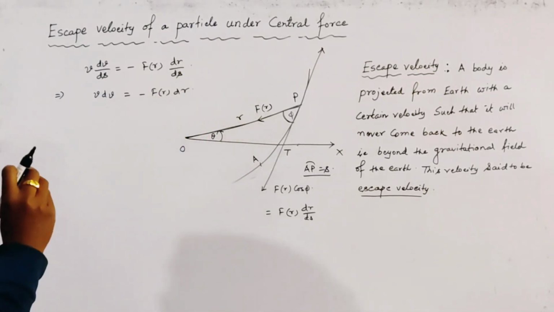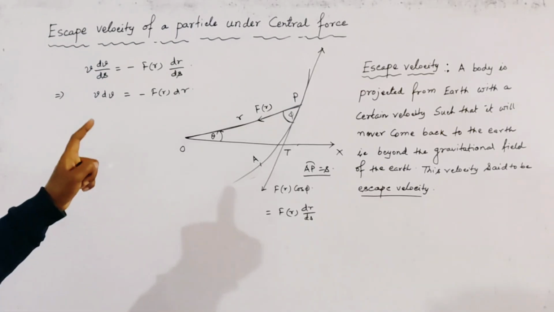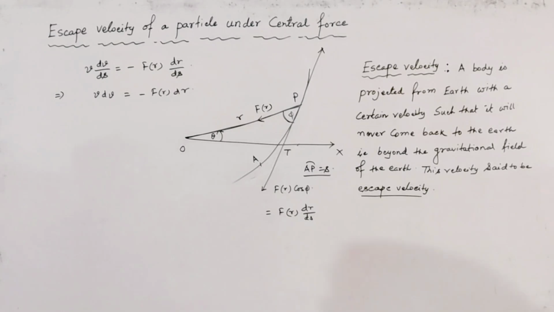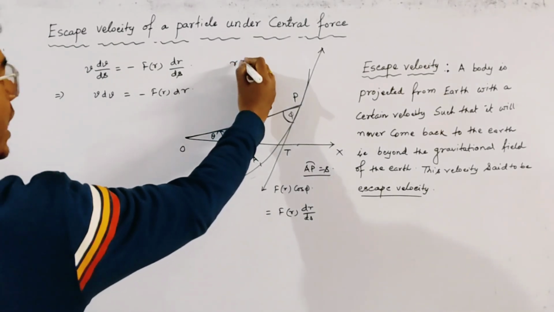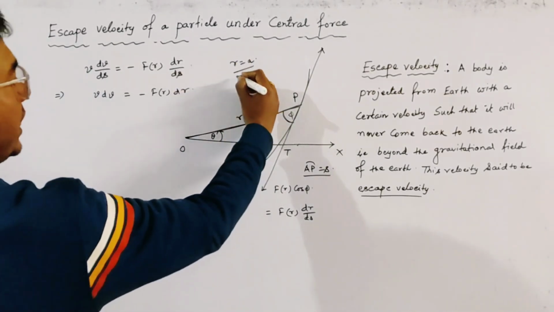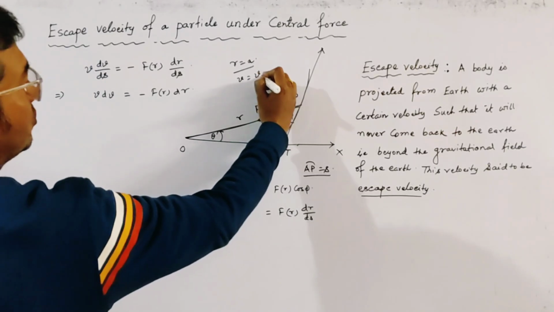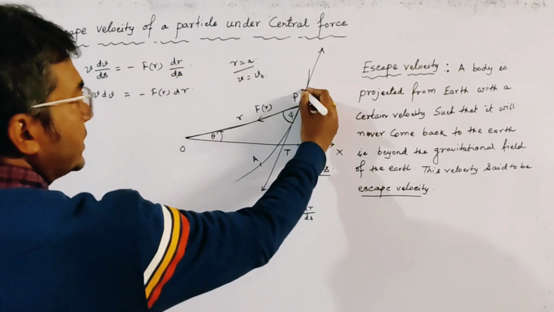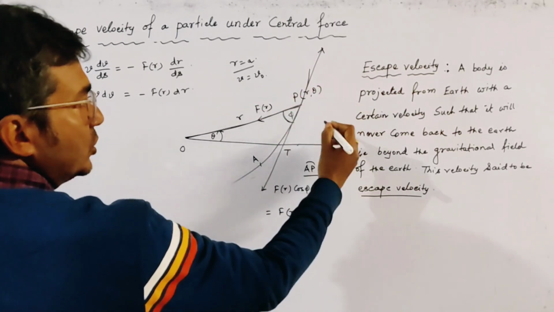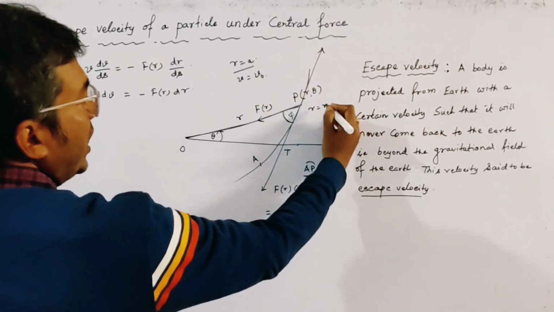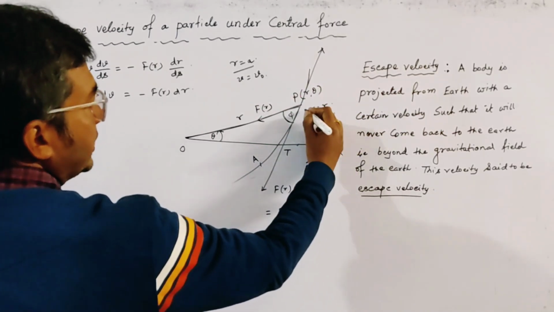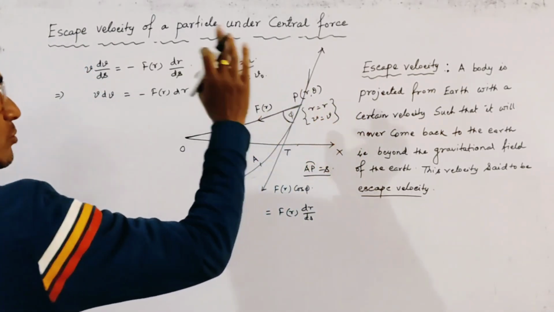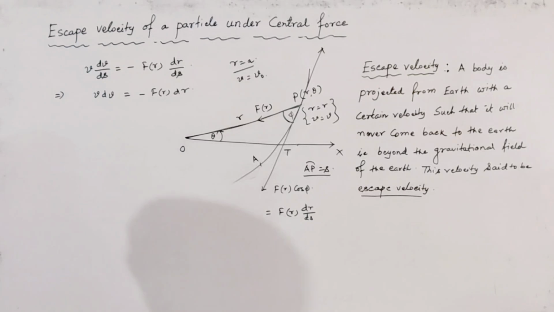Now it is assumed that the particle starts from r equal to a with an initial velocity v equal to v0, and at the point (r, theta) we have r equal to r and velocity v, after time t.